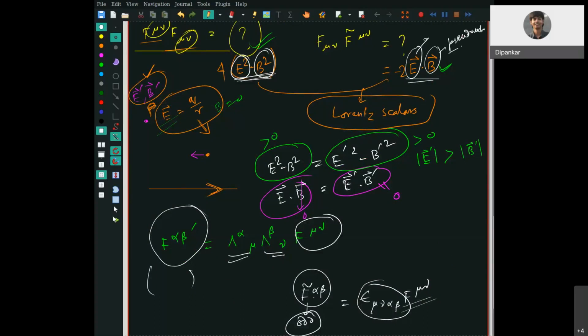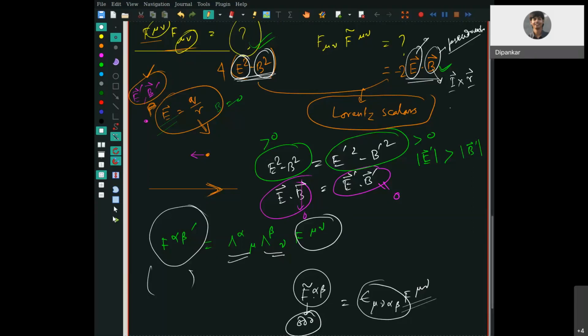Yes, it comes from the curl. Essentially that, but then you have to assume that A is a proper vector, but that's fine. It's basically the cross product of two proper vectors. If you remember Biot-Savart law, it is the cross product between the current and R. So this is basically a cross product of two proper vectors.